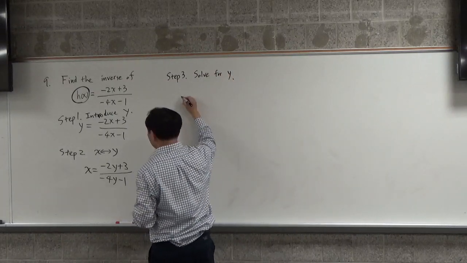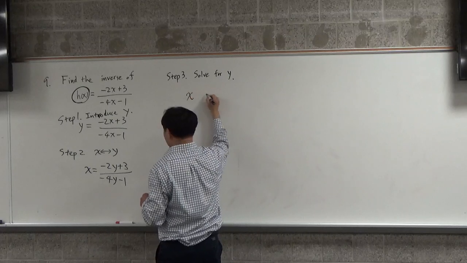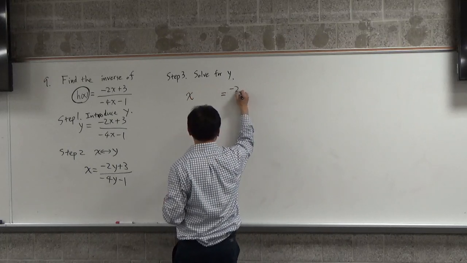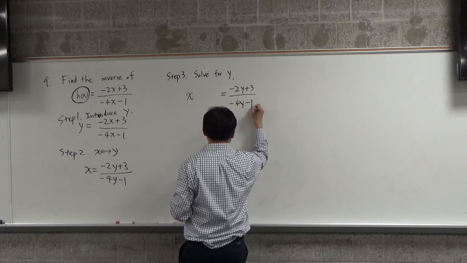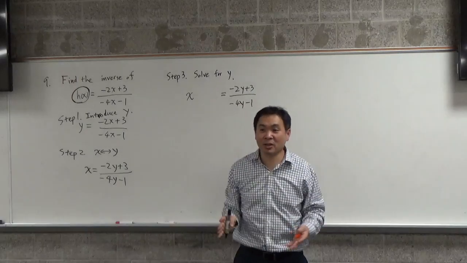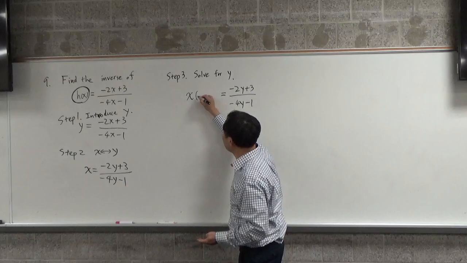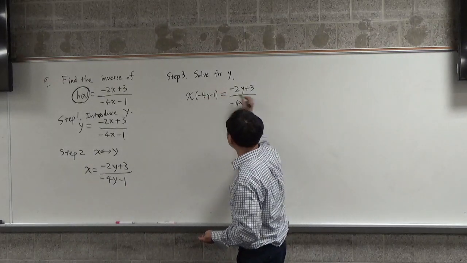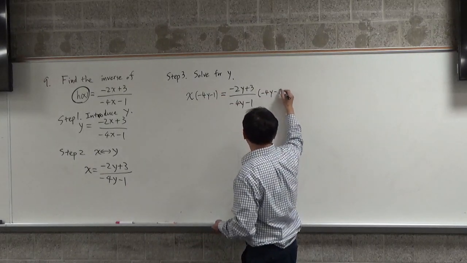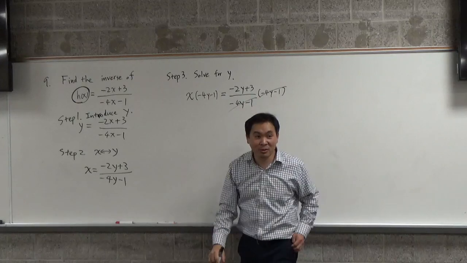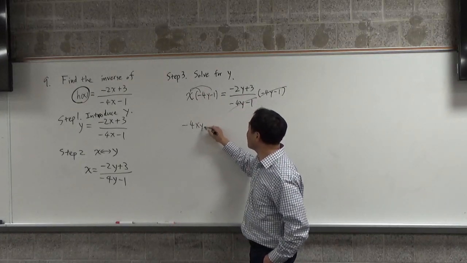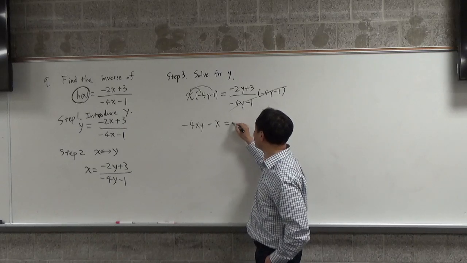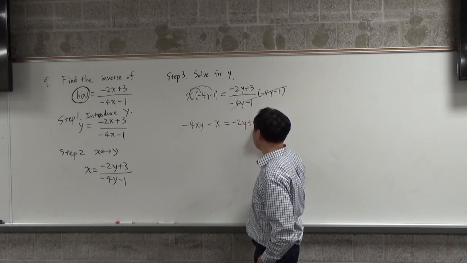So you have this equation, and because it's a fraction and we hate fractions, we multiply negative 4y minus 1 on both sides so that they cancel away, right? And you multiply this out, you get negative 4xy minus x equals negative 2y plus 3.